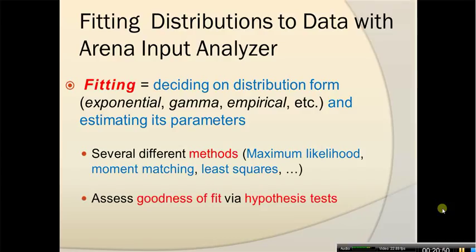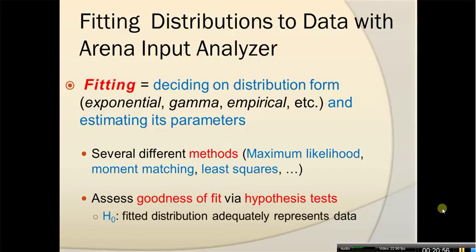So when we're fitting, we're also assessing the goodness of the fit using statistical hypothesis testing. In that case, we're looking at the hypothesis H0 that assumes that the fitted distribution adequately represents the data, versus H1, which is an alternative, that the fitted distribution is not a good match for the data.